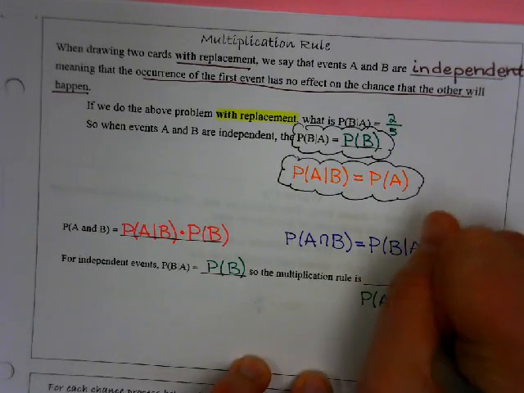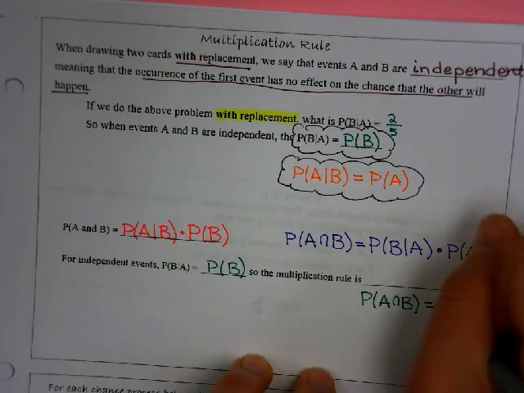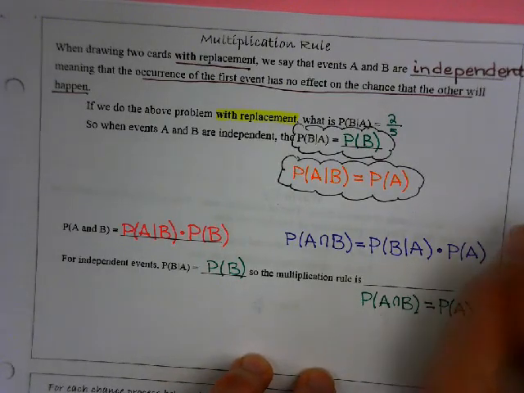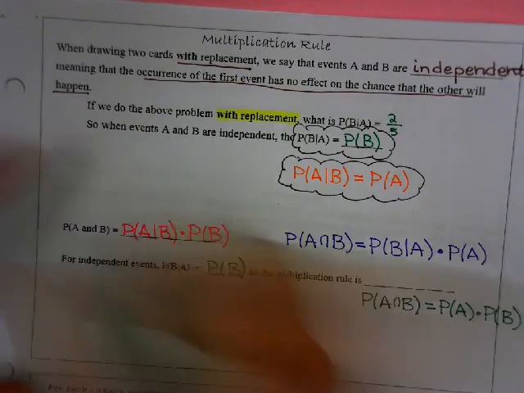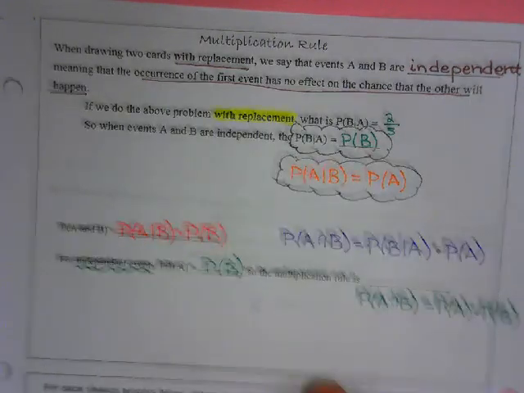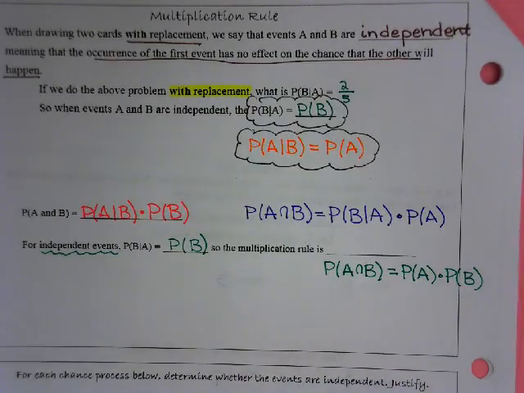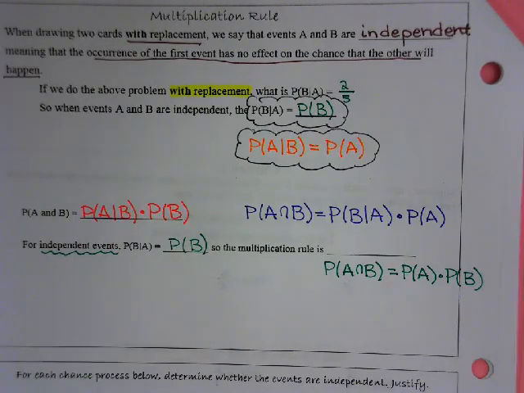Probability of A and B is the probability of A times the probability of B. Now that's only when we have independent events. If they're not independent, then we need to use that general multiplication rule that I showed you guys last time.